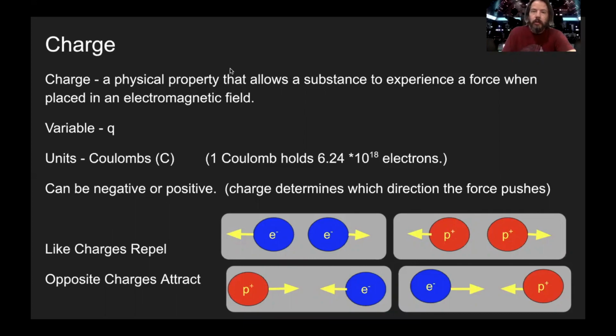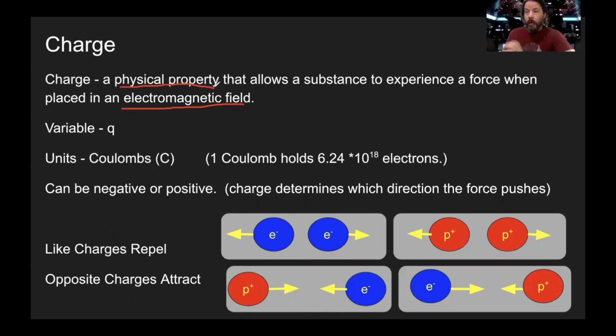So charge is a physical property that allows a substance to experience a force when placed in an electromagnetic field. Now, that's the Wikipedia technical definition, and there is so much to unpack here, so hopefully we'll get that done. It is a property of that object.